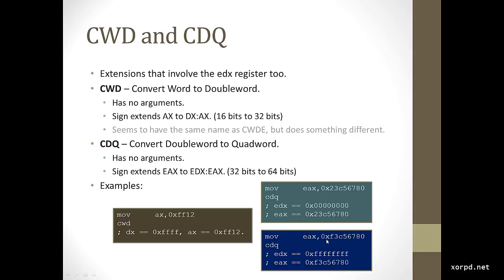Another example. This time we put another number inside EAX, but this number is negative. It begins with the bit 1. Therefore, after the CDQ instruction, EDX is going to contain 8 Fs. EDX is going to be consisted only of bits of 1, and EAX is left unchanged.